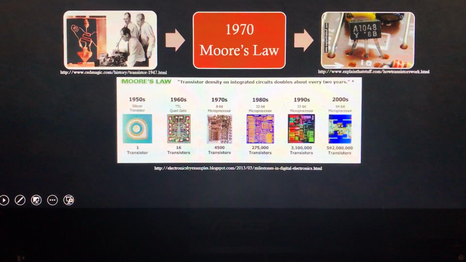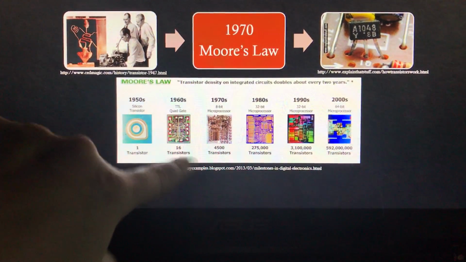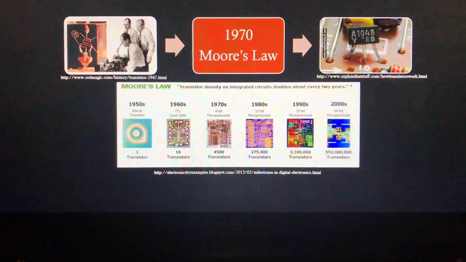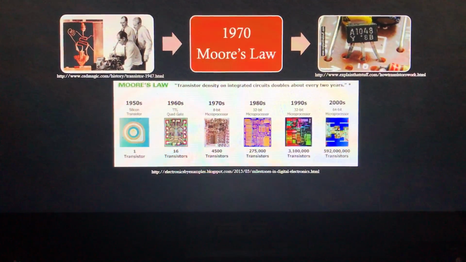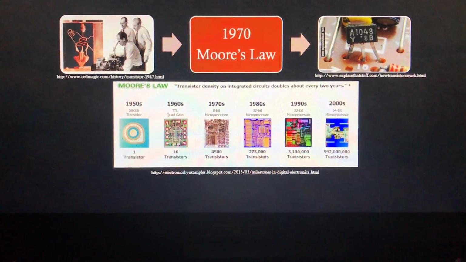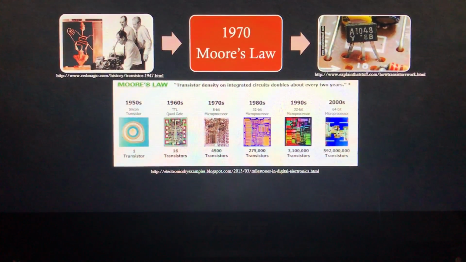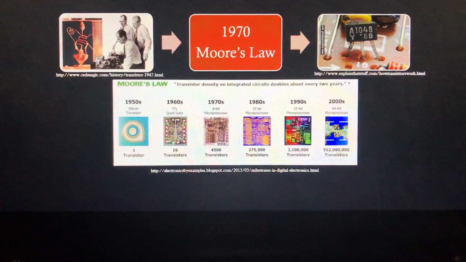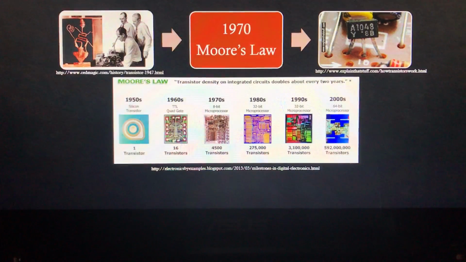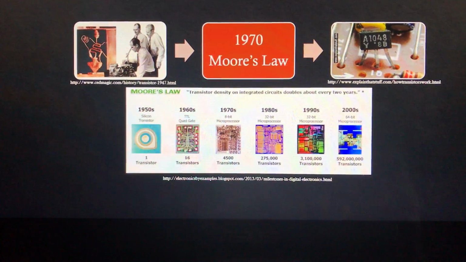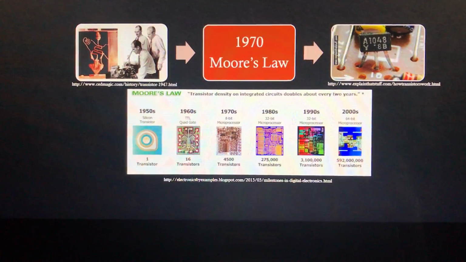And we go into the 1970s, and you can see there's 4,500 transistors. 1980s, 275,000 transistors. 1990s, 3.1 million, and then 2000s, 592 million. We're in 2017. I actually had a hard time finding accurate information about how many transistors are on a microprocessor right now.